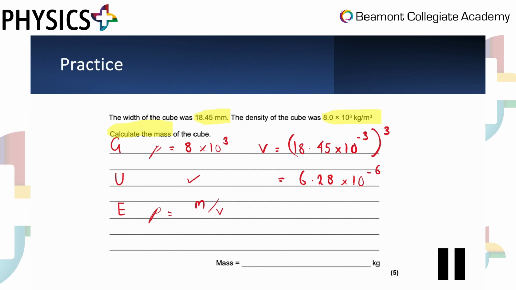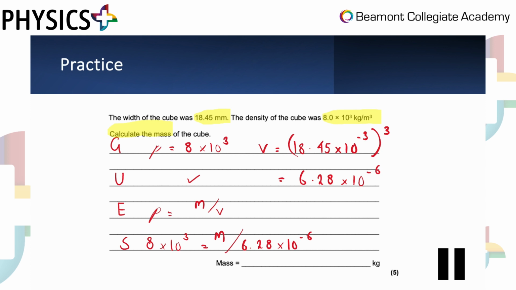Equation, state the equation, density equals mass divided by volume. Substitute in. Density, 8 times 10 to the 3 equals mass divided by 6.28 times 10 to the minus 6.